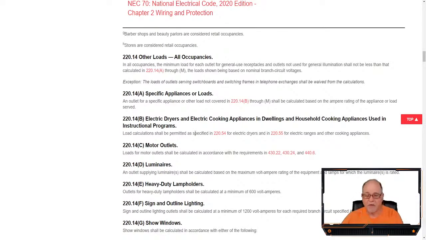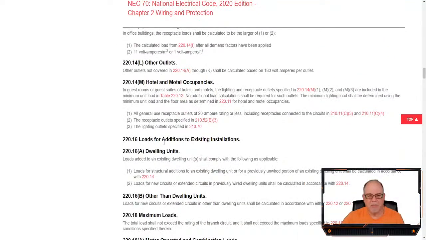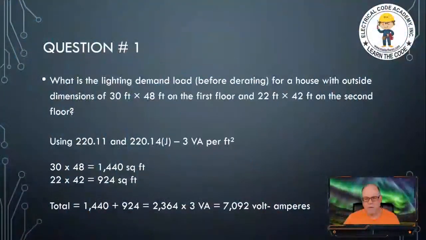All right. So anyway, we got all that covered. So now that's where we get all of our values to use the 3 VA per square foot. So again, I wanted to make sure I wrapped all those up so that you knew what's all included in that. All right, let's go back to our question. So we should be pretty clear on this one. I gave you probably more than you needed, but anyway, it's good to have a little more than the normal.